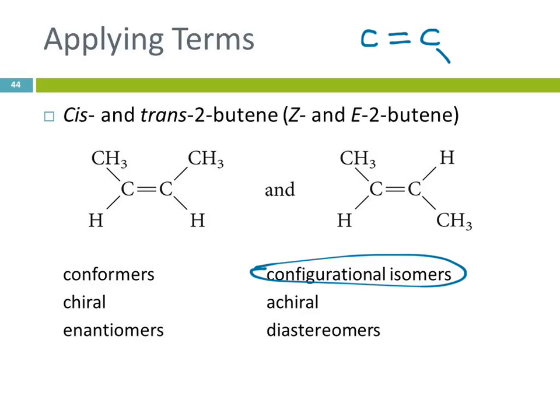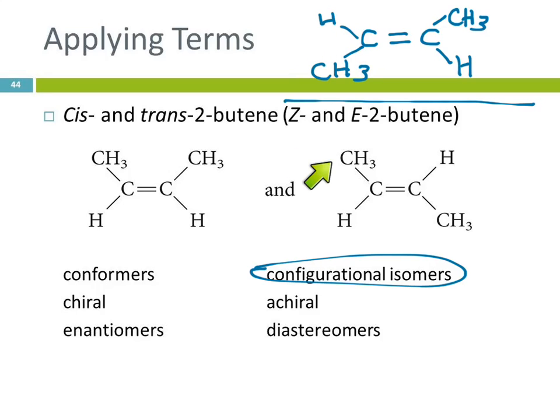Then I'm going to have H here and CH3 and H and CH3. My mirror is right along here. Does that make sense? Is this superimposable on that? If I turn this around, can I lay it on top of this one? Yeah, I can. This one's achiral.